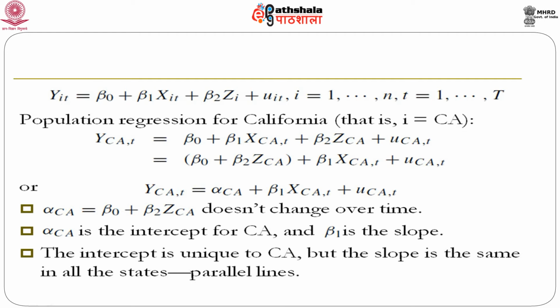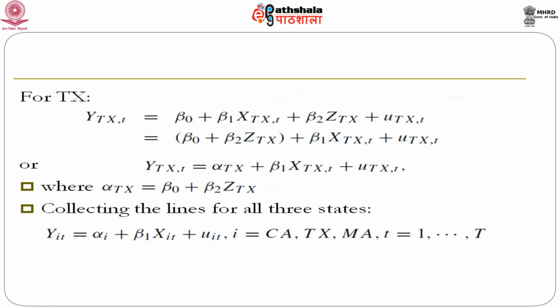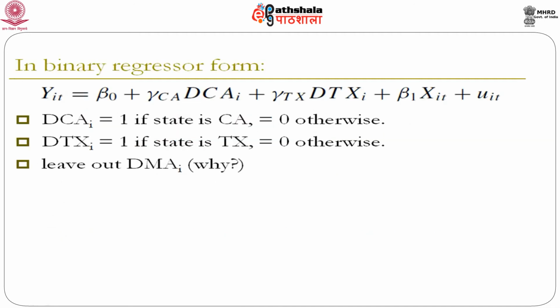Now, the population regression for the California state can be written, and similarly for Texas you can have the regression, and also similarly you can get the binary regression form, where you can introduce a dummy, that is D_CA equal to 1 if the state is California and 0 otherwise. Similarly, D_TX equal to 1 if the state is Texas and 0 otherwise.